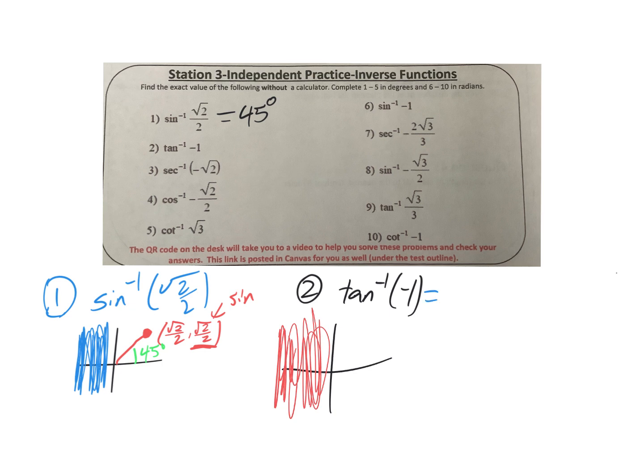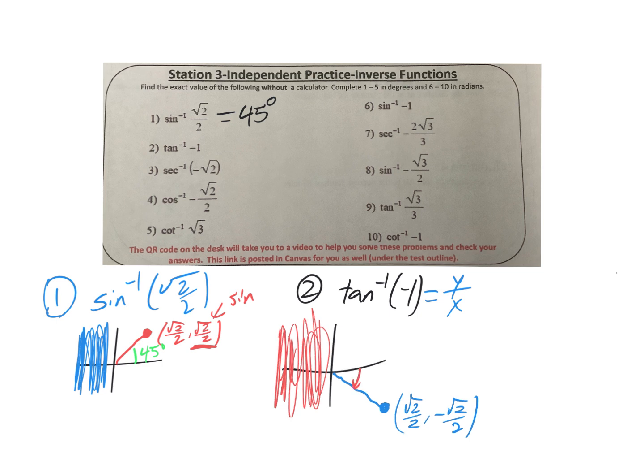Remember, because tangent is y divided by x. So y and x are equal but opposite in sign. Okay, so we're going to be down here, where we have root 2 over 2 and negative root 2 over 2. Okay, so when I divide these two because they're the same number, I would get -1 as my tangent. So what angle is this at?